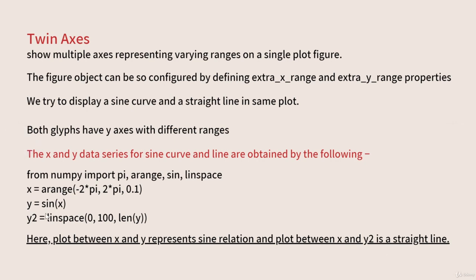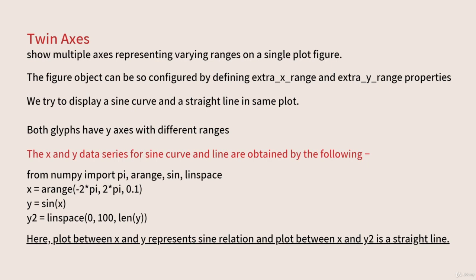So I want to use the twin axis methodology. One y-axis would be explaining the relationship between x and y data, and the other y-axis would be explaining the relationship between x and y2. So I want to have two plots in the same plot area, one between x and y, the second between x and y2.